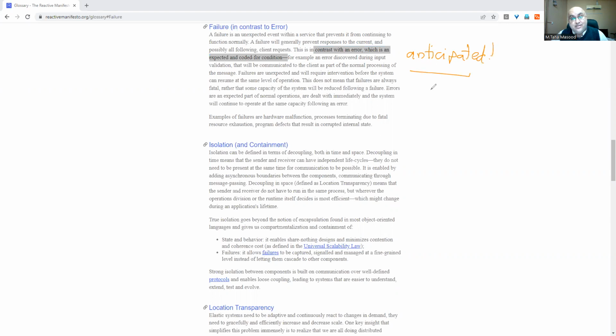So you can anticipate errors and define what to do when an error occurs. For example, this is what we do in exception handling in object-oriented, or in checking API return codes, so on and so forth.